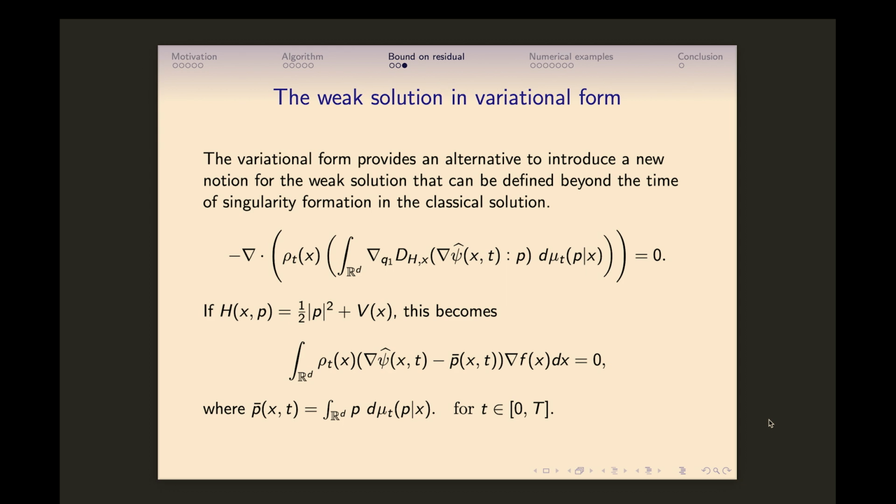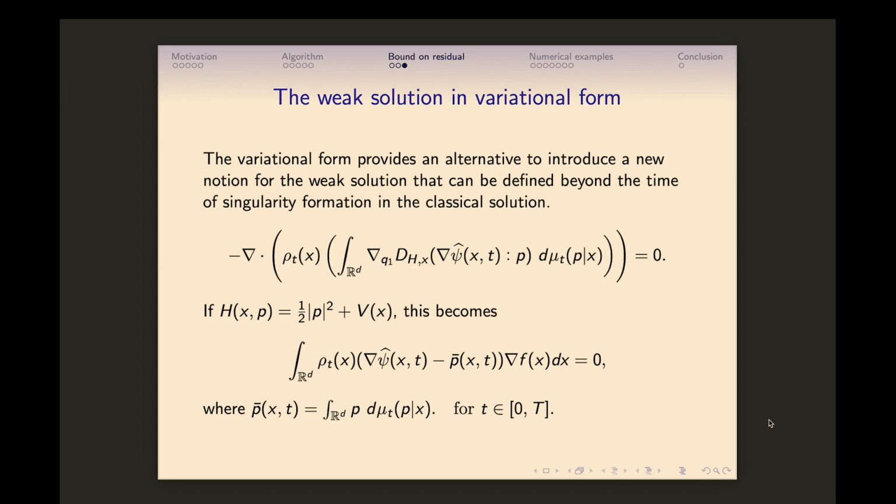The key is this conditional distribution. If you have x and there are multiple p at that x position, what is this conditional density? If you take this conditional density to be a minimizer among all the p's at the same x, that gives you back the viscosity solution. So in a degenerate situation, you get back the viscosity solution.